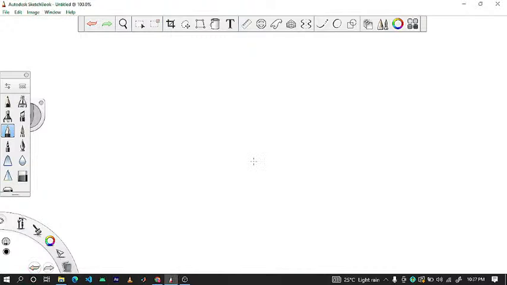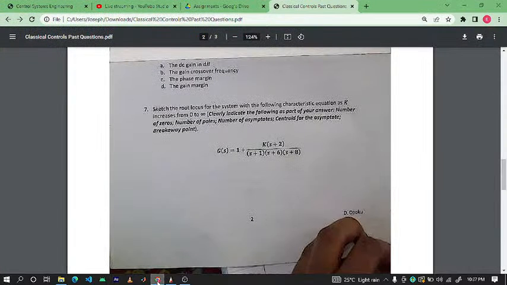All right. So now you have to do a sketch following some rules. Let's see how we can go about it. I'm just drawing my pole-zero plane. You just draw your poles and your zeros in the plane.